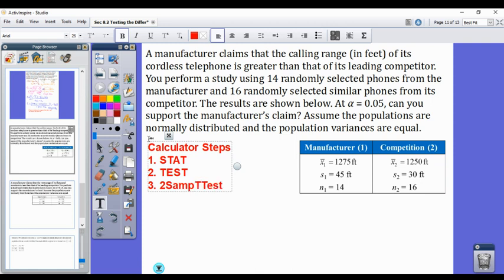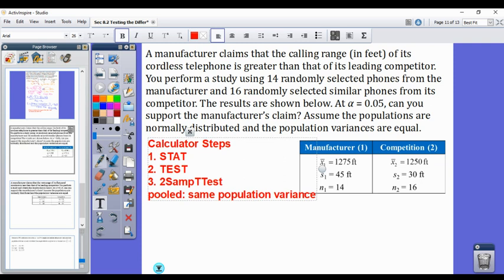And then the big thing it's going to ask you is whether or not it's pooled or not pooled, and pooled, remember, is going to mean that you have the same population variance. Okay, so if it's not pooled, then they don't have the same population variance. Okay, so let me go ahead and read the example now.